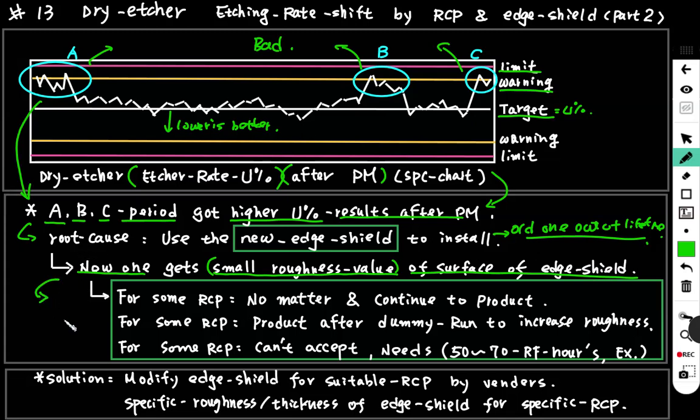Then we did another investigation with the recipe, the monitor and the edge shield ring condition for 3 basic different situations. For some recipes, no matter what, we can continue to product, because this recipe has a very big process window.